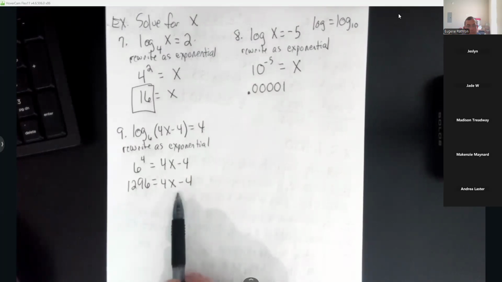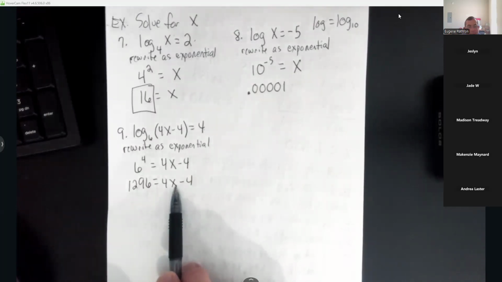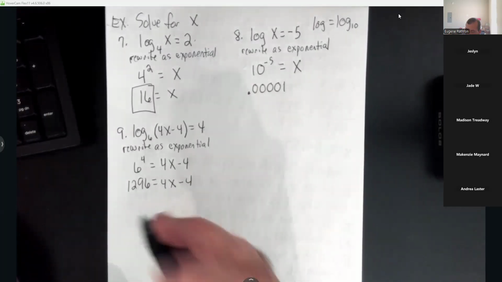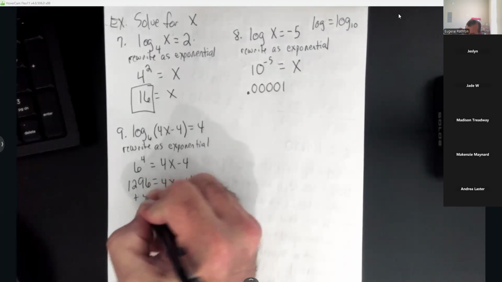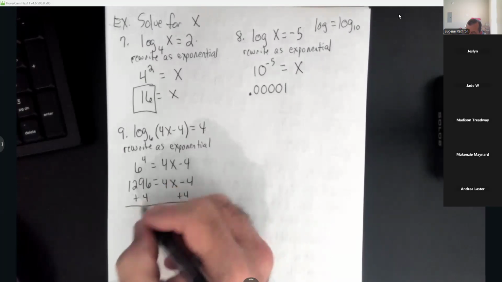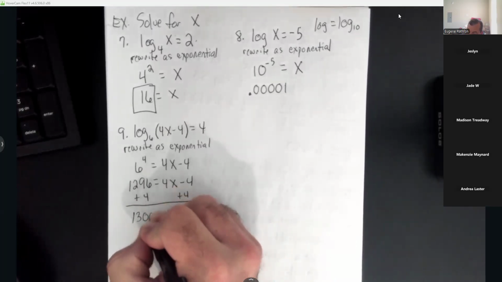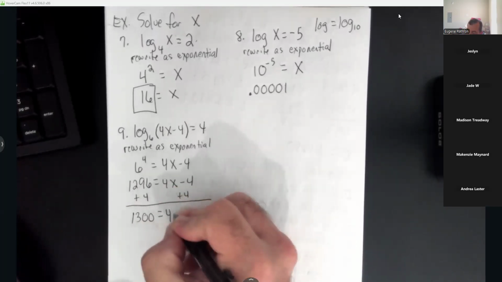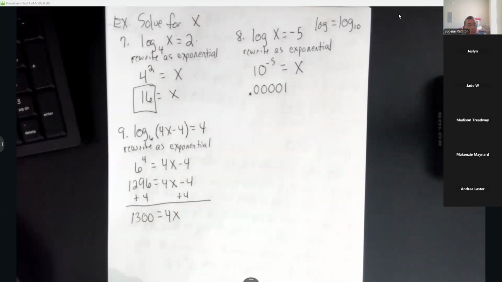And y'all notice, we're going to now solve for x. So we're going to add our 4 to both sides. Oh, y'all, let me see. That's going to give me even 1300 equal to my 4x. That cancels.